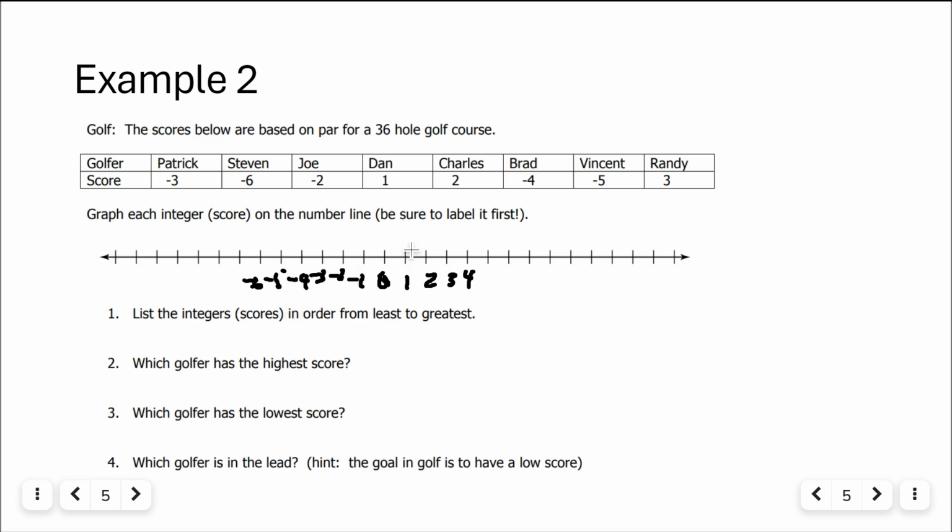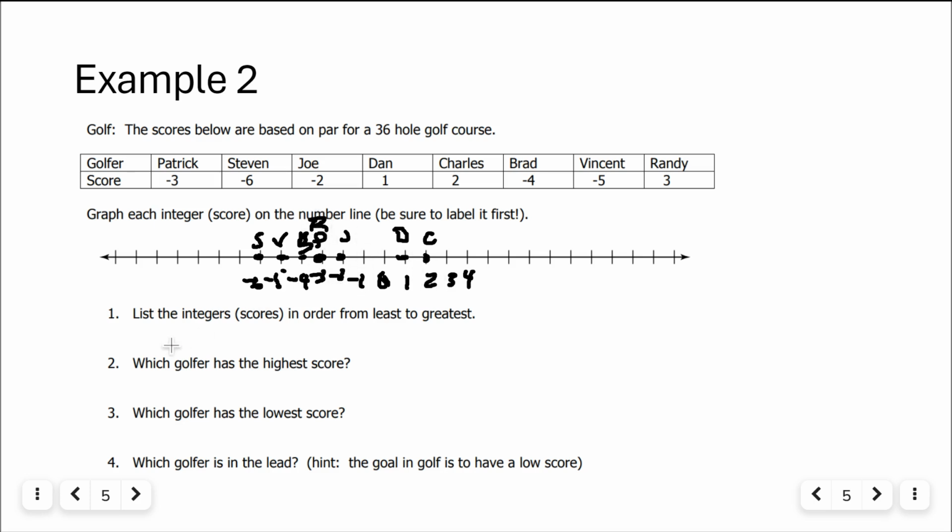All right, so we have a score of -3. I'm going to put a P up there for Patrick. And then Stephen is at -6. Joe is at -2. Dan is at 1. Charles is at 2. Brad is at -4. Vincent is at -5. And Randy is also at -3.